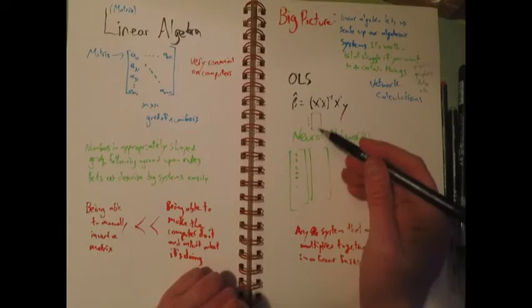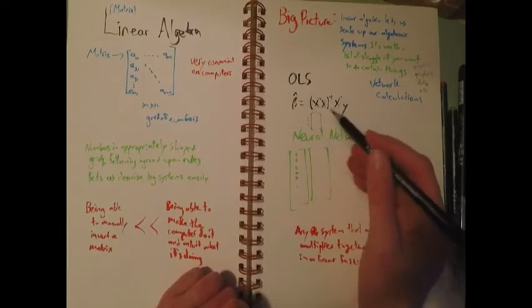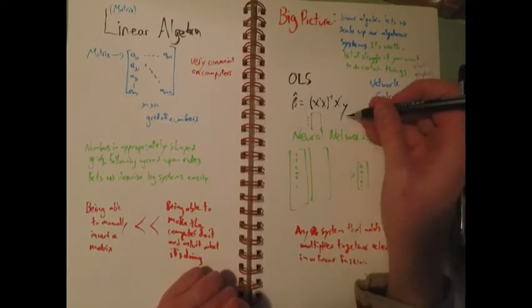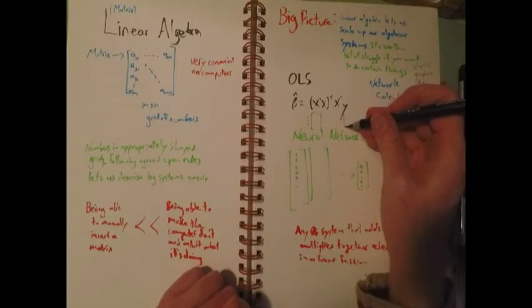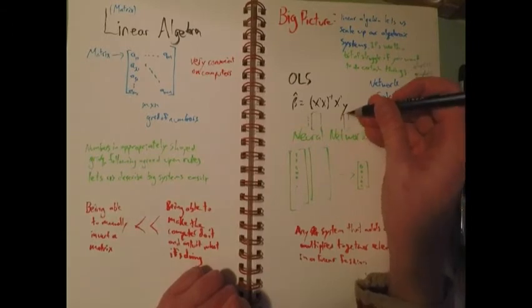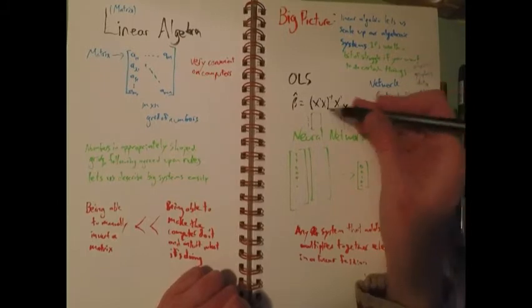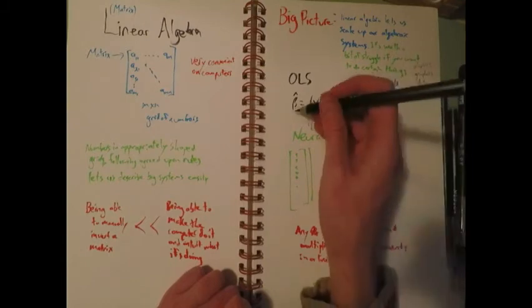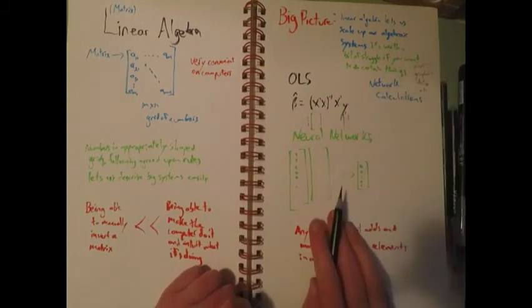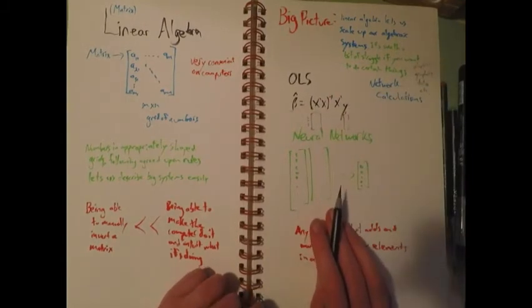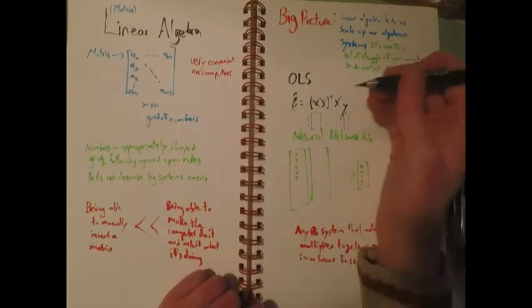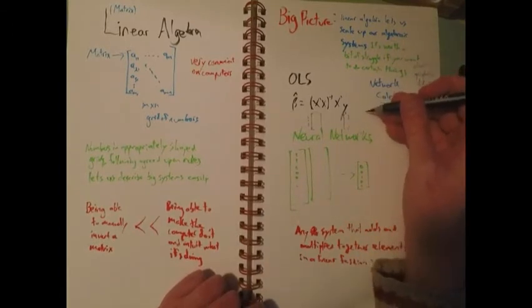So we take that block of data and we do some stuff with it, and then we do some stuff with another block of data, which is, in this case, a bunch of rows, but only one column, just whatever our variable of interest is. We put this together in this way, and we're able to get a slope coefficient out of this, if I'm remembering this right. So what do we get?